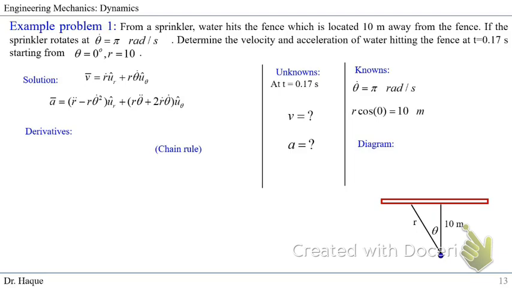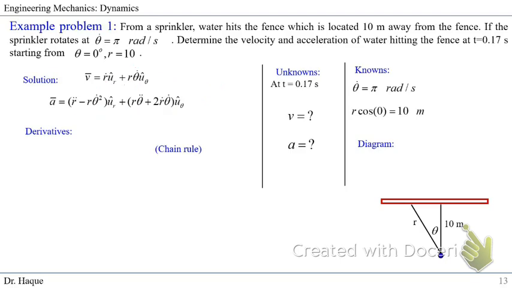From the problem, we need to find r dot, r theta dot, which is given, r double dot, r theta dot squared, and r theta double dot. This is an easy problem once we figure out how to find these, and then we just plug those values into these two equations and it will be solved.